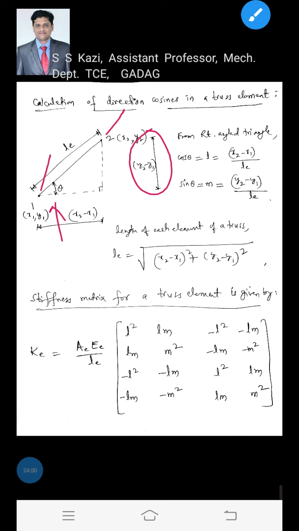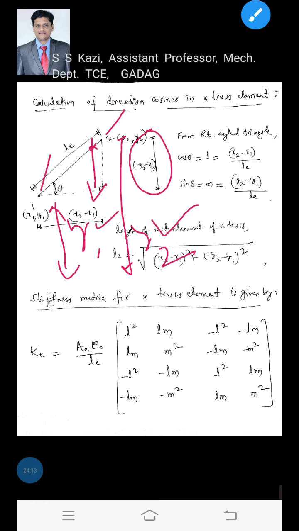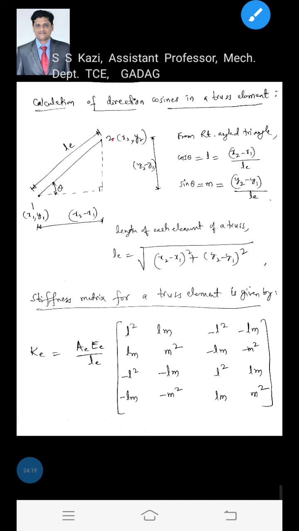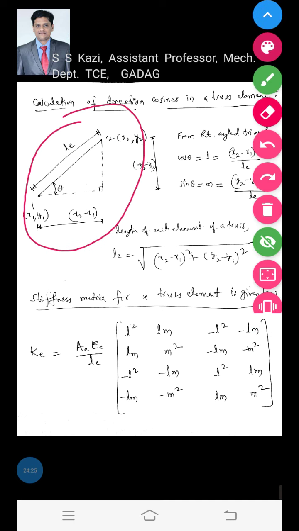If the origin is here, this is y1, and from the origin it is y2. If I want to know only this much distance, then you should go for y2 minus y1. So this side will be y2 minus y1, and we got this right angled triangle.